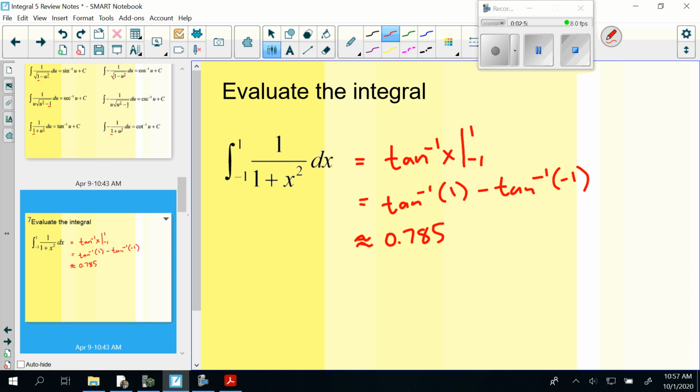If you do the -1, I believe you get the same thing but negative. Then adding those together comes out to be about 1.571.